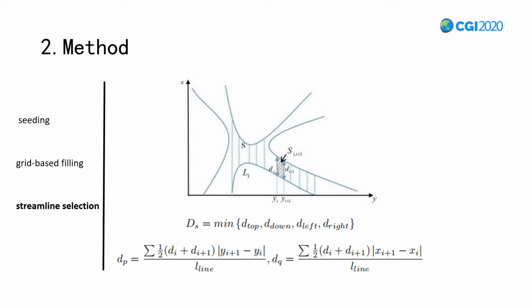The d_i is the distance to the closest streamline point on any other streamline along one axis. L_line is the length of the streamline, P represents top or down, and Q is left or right. This figure describes an example that calculates the distance in the positive direction of the x-axis.